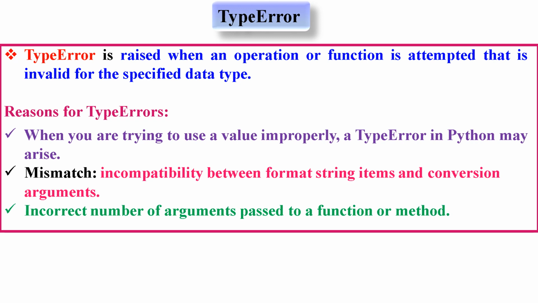This can happen if either the number of items does not match or an invalid conversion is called for. Third reason: you are passing the wrong number of arguments to a function or method. For methods, look at the method definition and check that the first parameter is self. Then look at the method invocation. Make sure you are invoking the method on an object with the right type and providing the other arguments correctly.